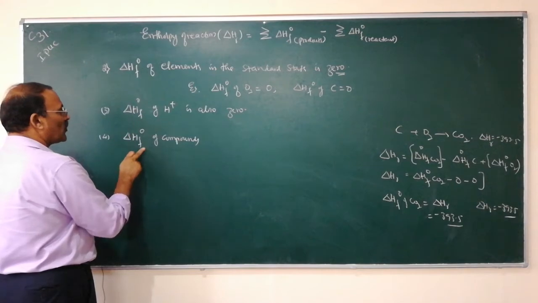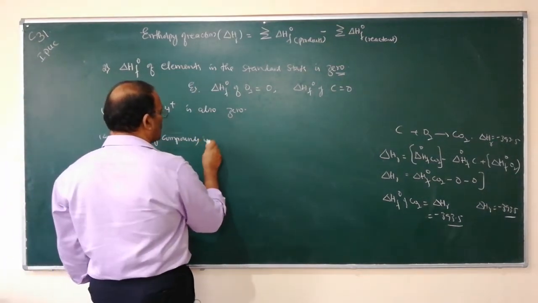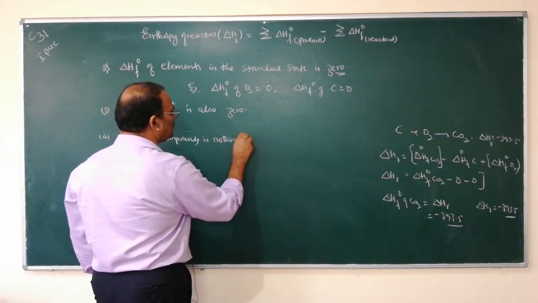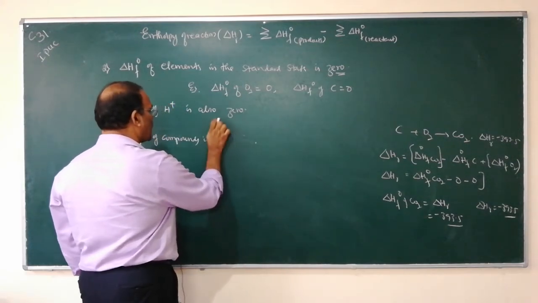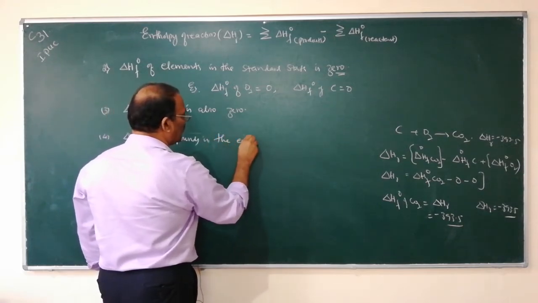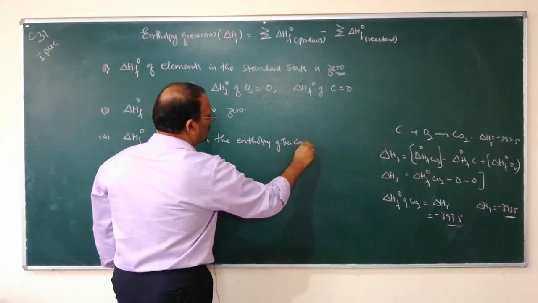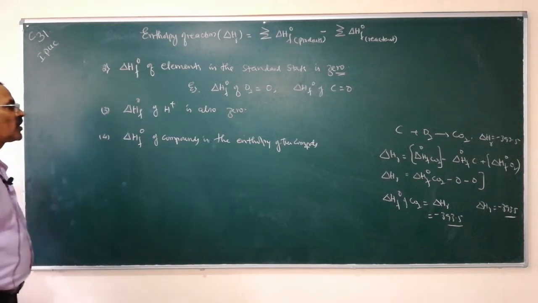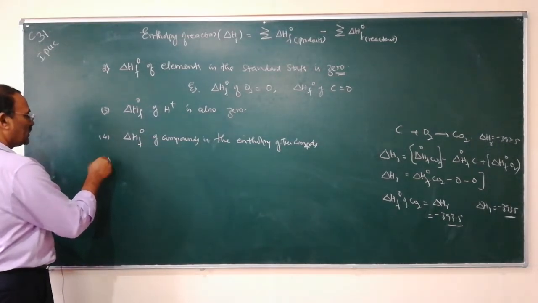The standard enthalpy of formation of compounds is nothing but the enthalpy of the compounds. So the enthalpy of the compounds and the enthalpy of formation of compounds are one and the same.